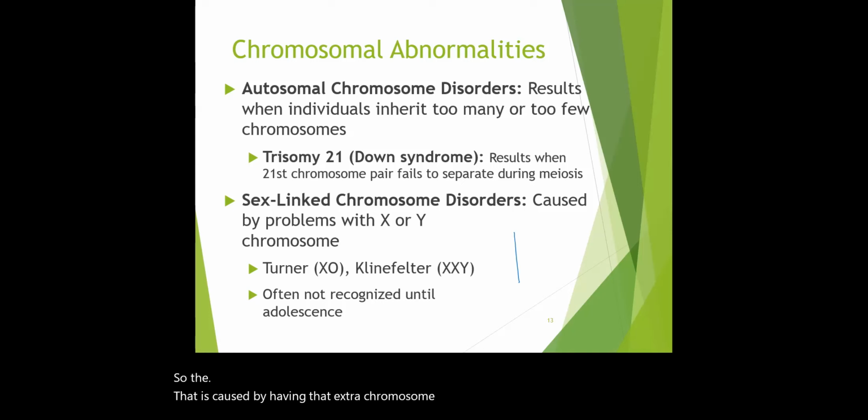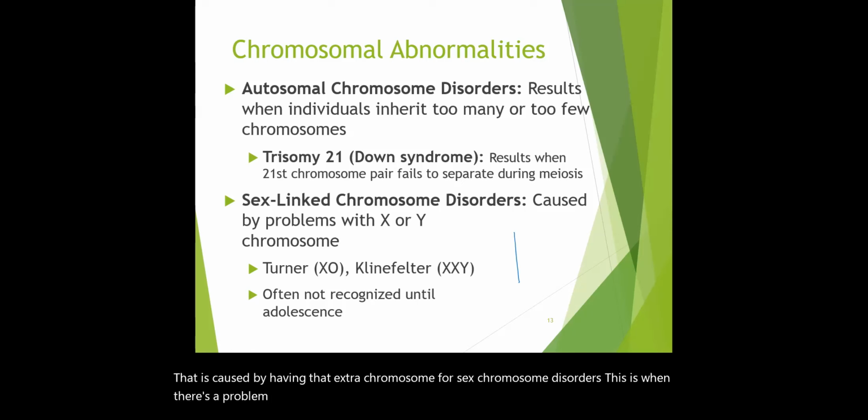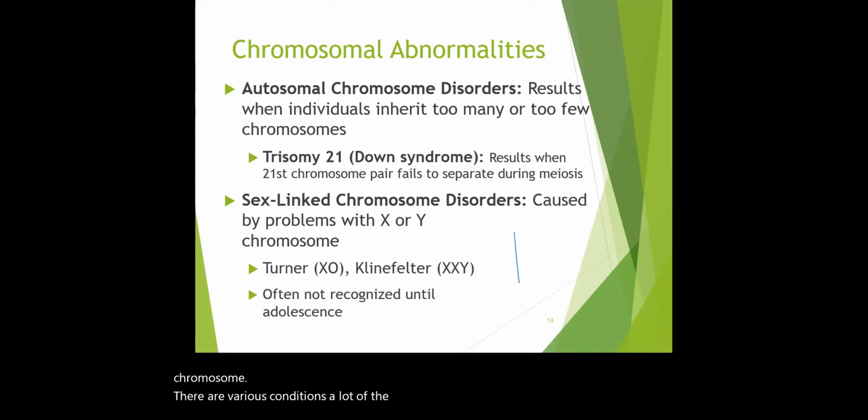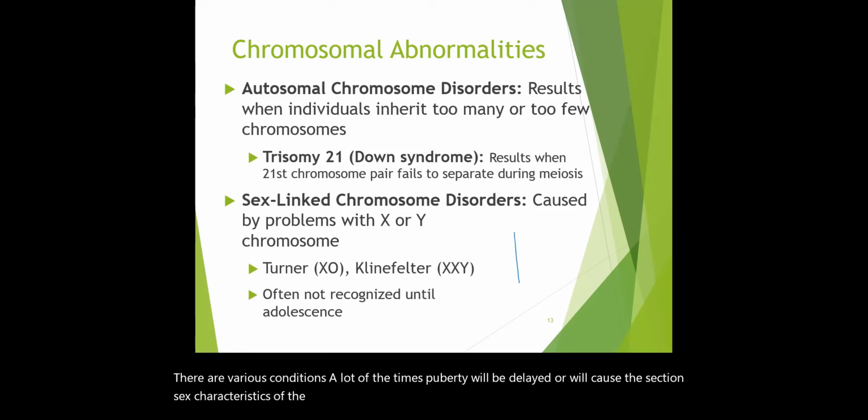For sex chromosome disorders, this is when there's a problem with the extra Y chromosome, either inheriting an extra one or not inheriting an X chromosome. There are various conditions. A lot of the times, puberty will be delayed or will cause the sex characteristics of the opposite sex to develop.